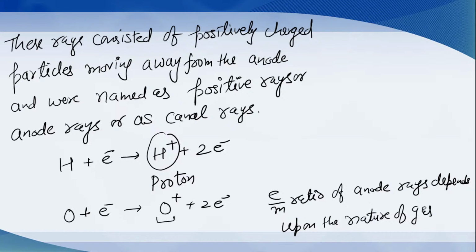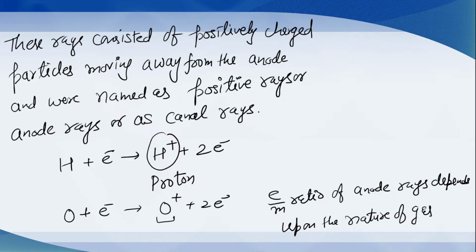In case of cathode rays, a stream of electrons is the cathode ray. Electrons are emitted from hydrogen or oxygen or any metal. Their nature is the same, they have the same charge and the same mass, so the charge to mass ratio is the same.